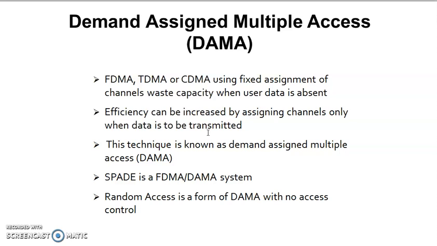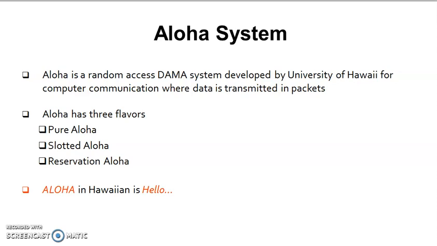We can have a random access method using DAMA with no access control, or we can have ALOHA, which is a random access system developed by a scientist in Hawaii for this communication purpose.